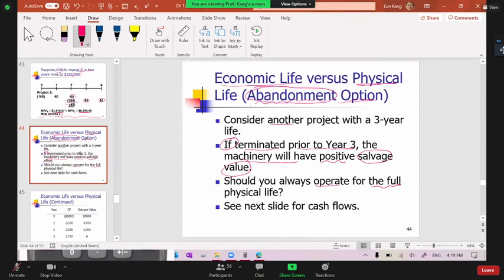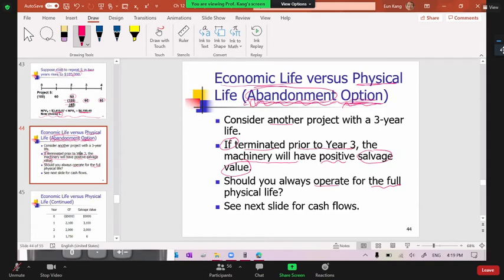So the abandonment option is extremely important and good for your life. For example, there are some relationships or some kind of group where an abandonment option is not there.